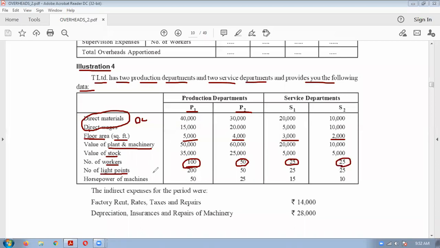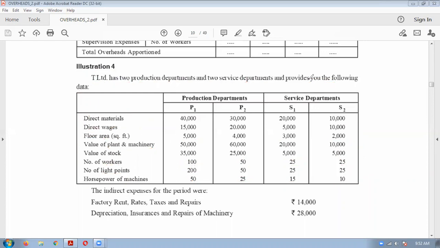Number of lights, P1 is having 200 light points. Likewise, other departments are also given. And horsepower of machines is given: 50, 25, 15, and 10. So these are the bases which will be used for apportioning the overhead costs to the products.